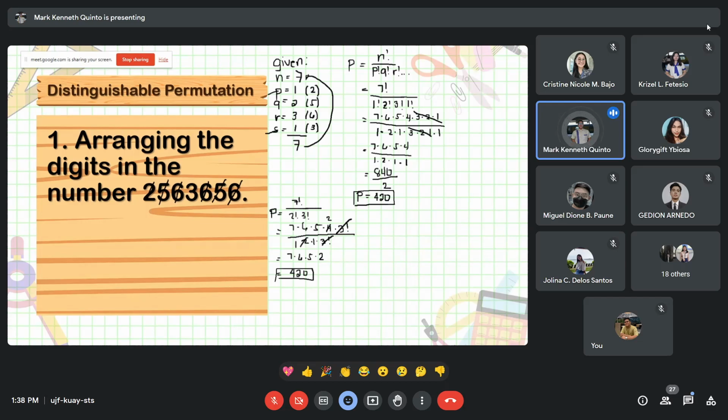At least this time, we don't need to calculate too long. Kasi 'di ba, using scientific calculator, we can easily identify the value of permutations. Okay, question?